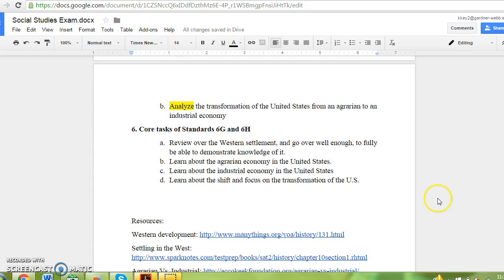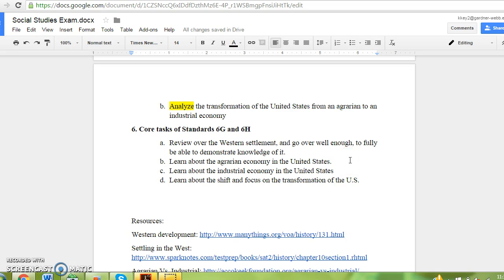The core tasks of Standard 6G and 6H: I will of course have to review the Western settlement and go over it well enough to fully demonstrate my knowledge of it. I also have to brush up on Americans moving out west and the issues with the Native Americans and things like that.